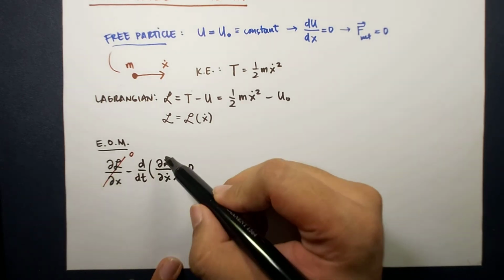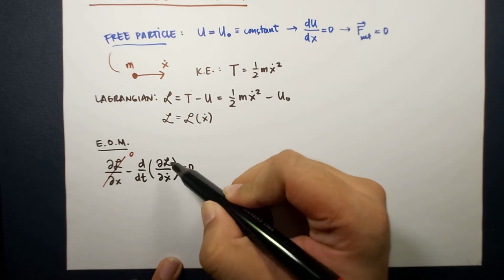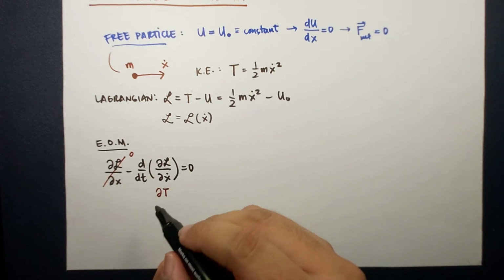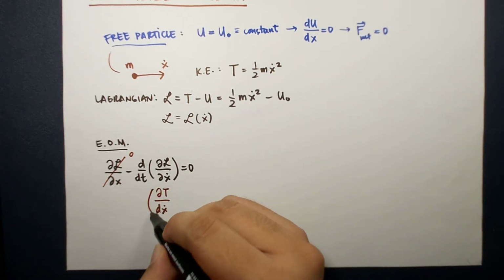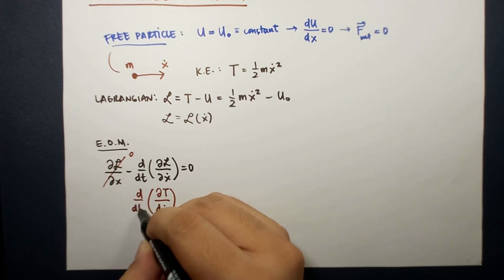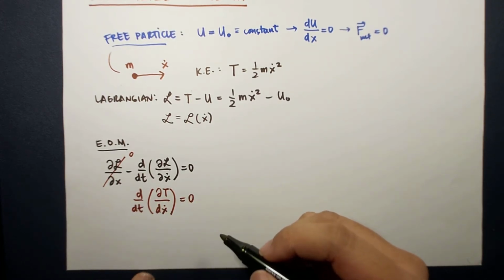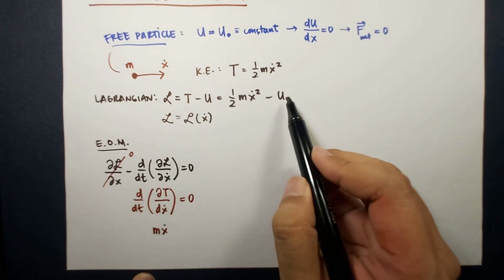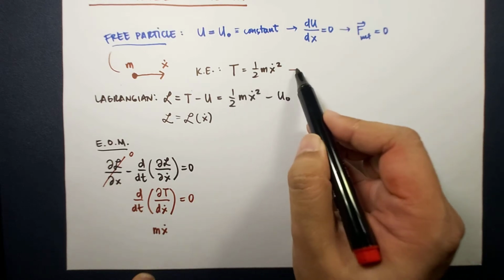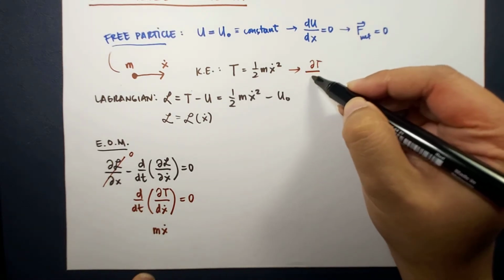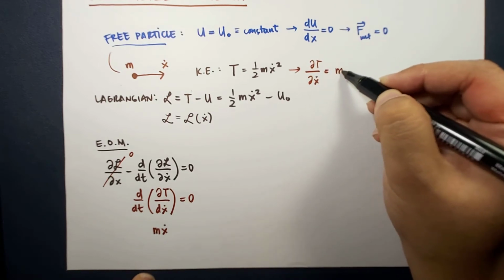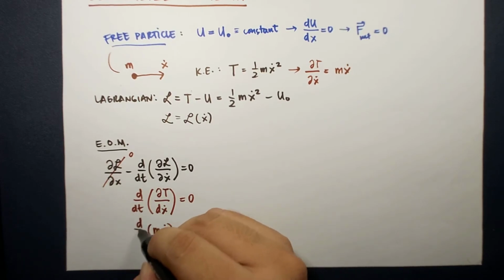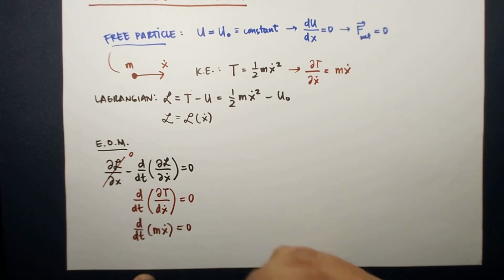And the other derivative is the derivative of the kinetic energy with respect to velocity. What is this? This is equal to m x dot, where the partial derivative of T with respect to x dot is m x dot. And the derivative of this with respect to time is 0.